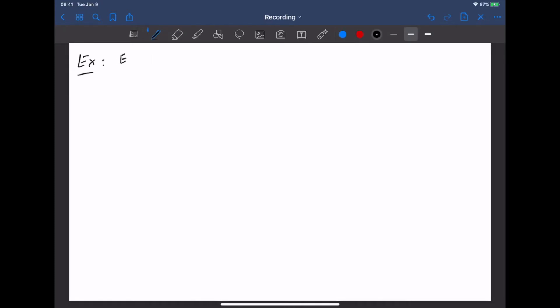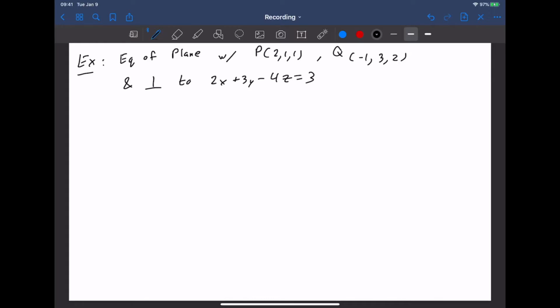Equation of a plane with P as 2, 1, 1, Q as -1, 3, 2, and perpendicular to 2x plus 3y minus 4z equals 3. Pause. Right now, can you tell me what surface that is?